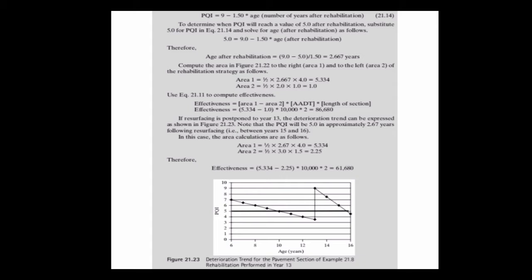Area 1 equals 1/2 times 2.67 times 4.0 equals 5.334. And for area 2, we have 1/2 times 3.0 times 1.5. Now we have a new value of area 2 as 2.25. Therefore, our effectiveness is equal to 61,680.